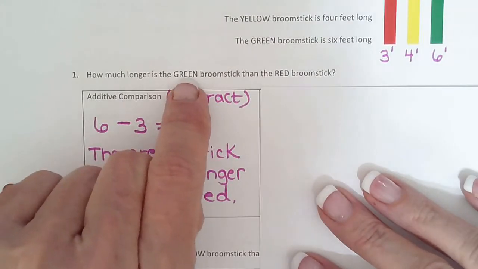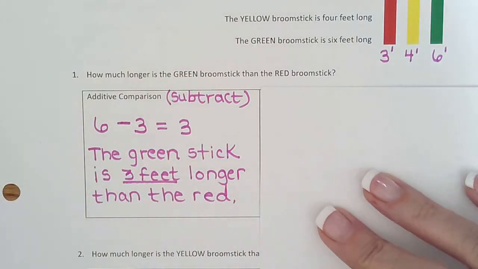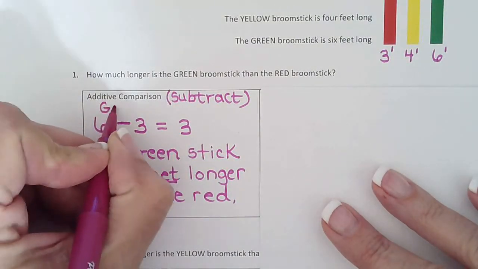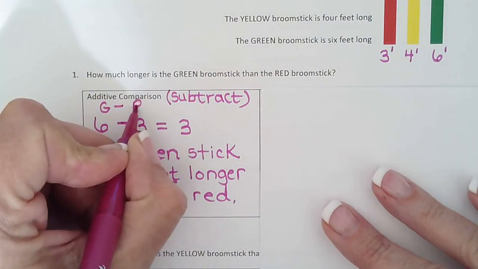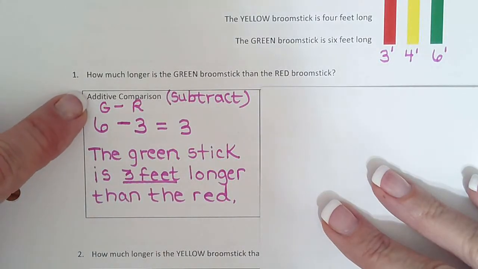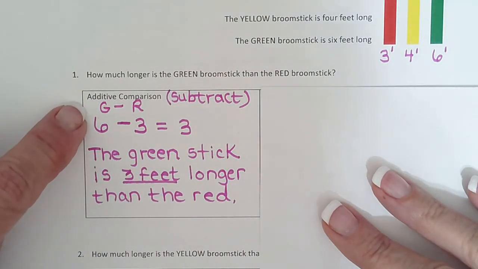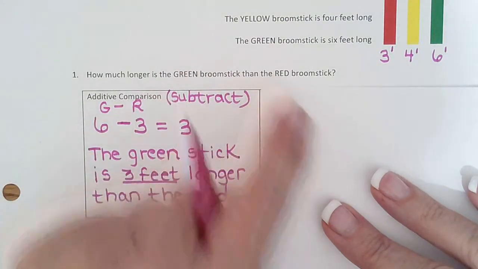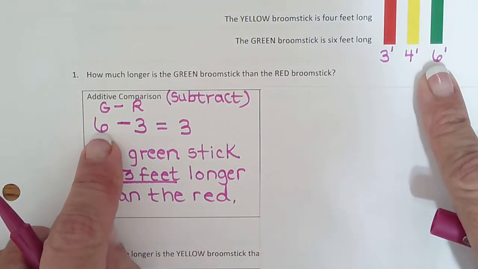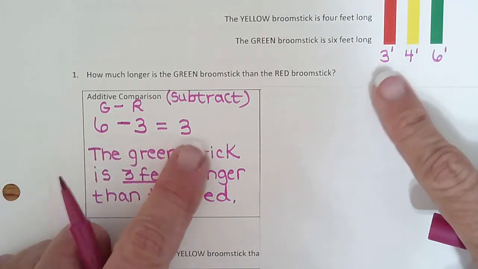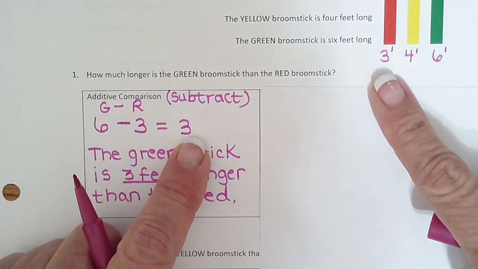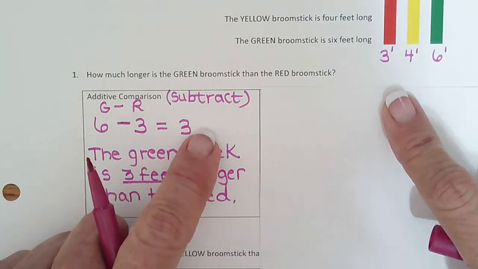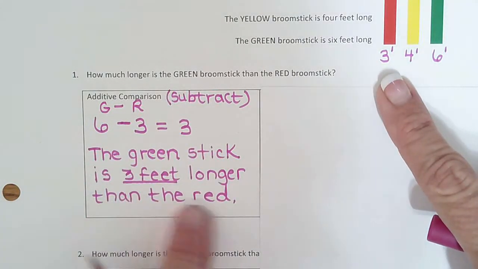And remember how I said order is important, so we do green minus red. So always do the opposite of what the method's name is. Additive means to subtract. So green minus red, I look up here and say green is 6 minus red is 3. So we can see that the green stick is 3 feet longer than the red.